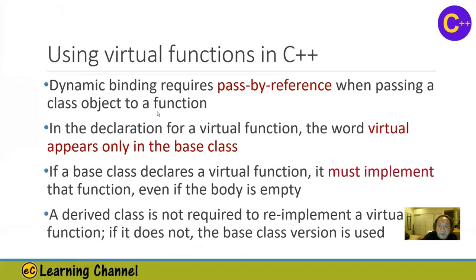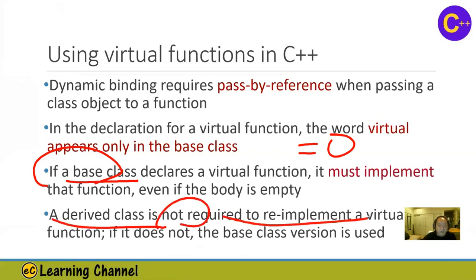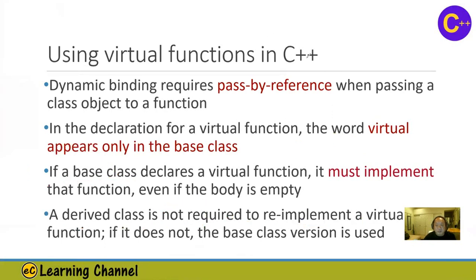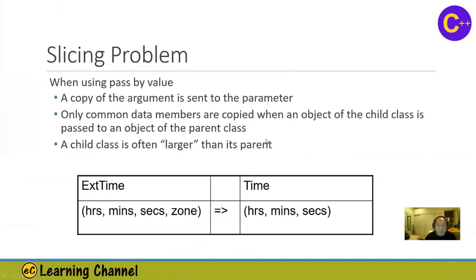You have a base class, you must at least implement that function at the base class, unless you set it to 0. Otherwise, you yourself need to define that, and the children may or may not define it. You can determine that, okay, I will use my father's, or I will use a new one. So a derived class is not required to re-implement. You can have that, or you don't need to have that. But if you set it to 0 as an abstract method, then the derived class should always have that.